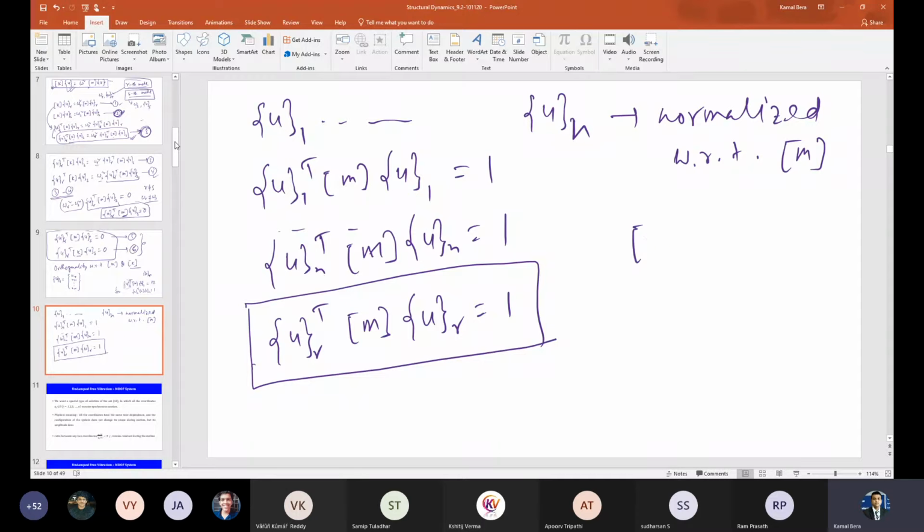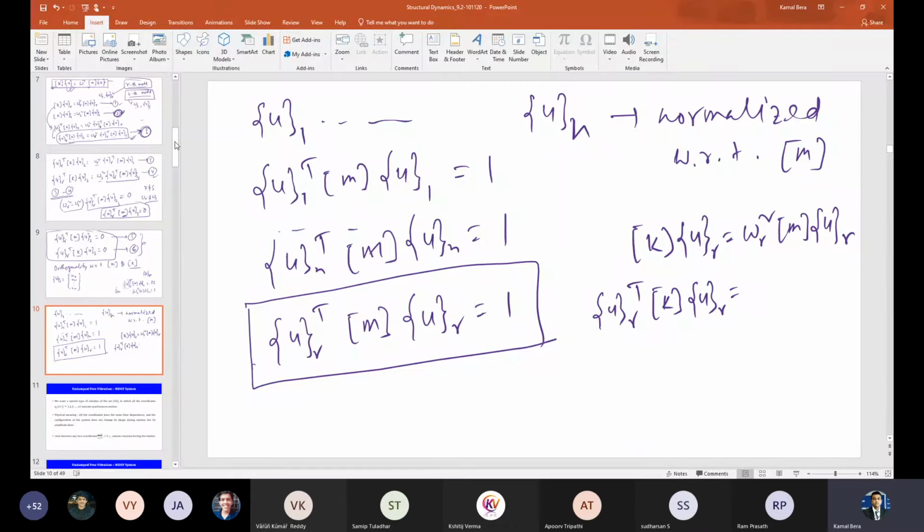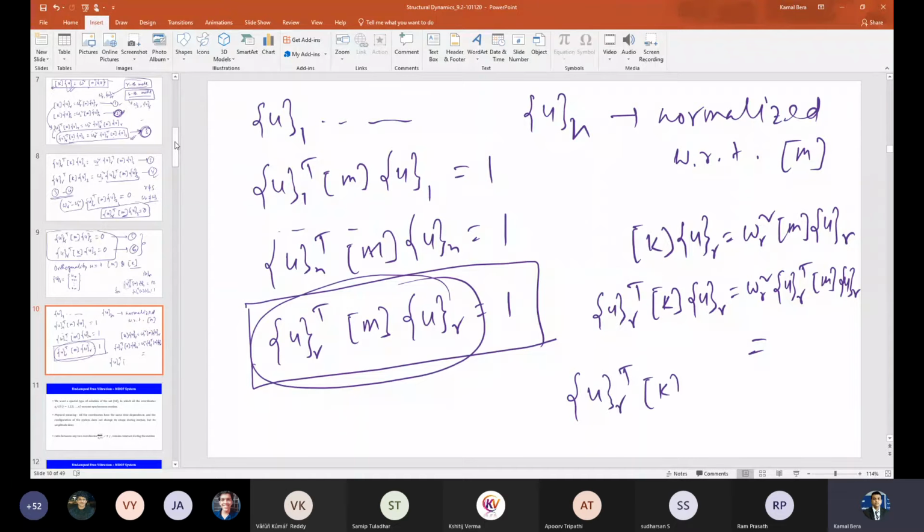Now what is my eigenvalue problem for the Rth mode UR? You can take any one of those equations that I have developed. So UR transpose K UR equals omega R square UR transpose M into UR. Now this one is 1, so that is why I can write UR transpose K UR.